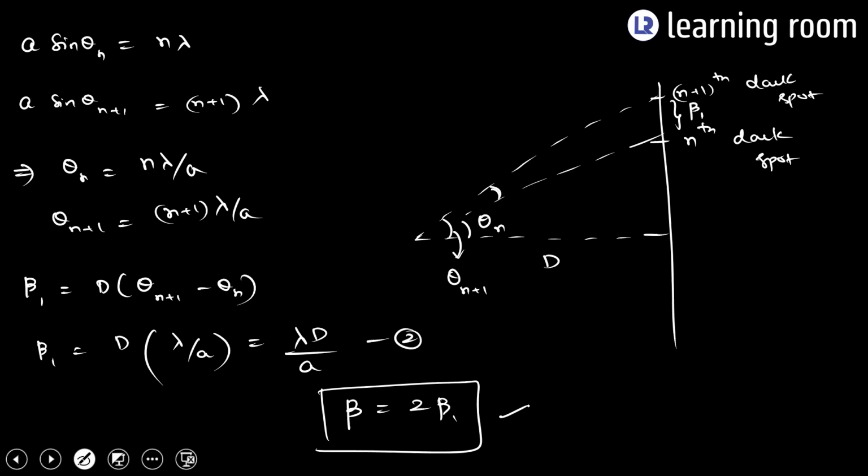Okay. So this is a very, very important relation that is used in many problems. Is it clear? So sometimes they will give you the width of any maximum, and they'll ask you to calculate the width of the central. Just need to multiply it with 2. Or they can do the vice versa. They'll give you the width of the central maximum, and ask you the width of any other maximum: divide by 2. Okay.